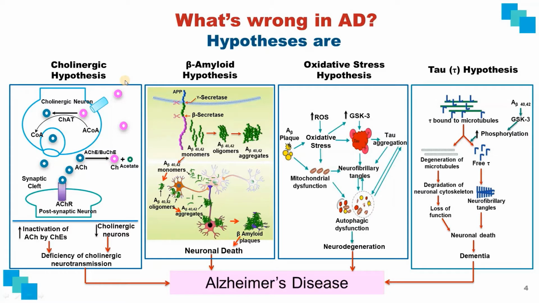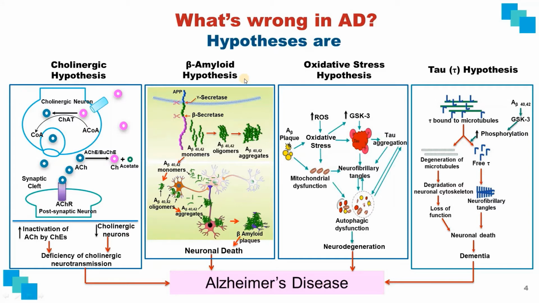Cholinesterase enzymes break down the acetylcholine in the synaptic cleft and reduce cholinergic transmission. Here, this is the synaptic cleft and the breakdown of acetylcholine is shown here. According to this cholinergic hypothesis, loss of cholinergic neurons in the basal forebrain causes the learning and memory deficit of Alzheimer's.